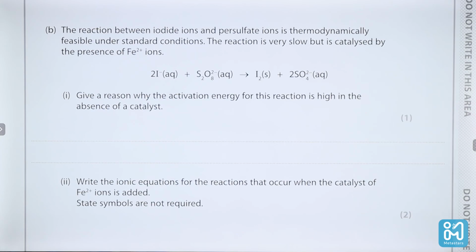So you can see, give a reason why the activation energy for this reaction is high in the absence of the catalyst.